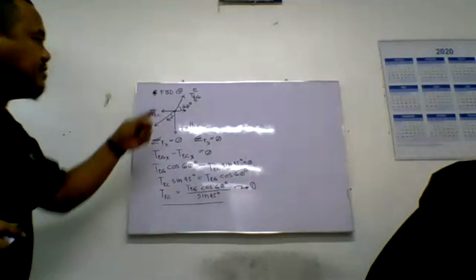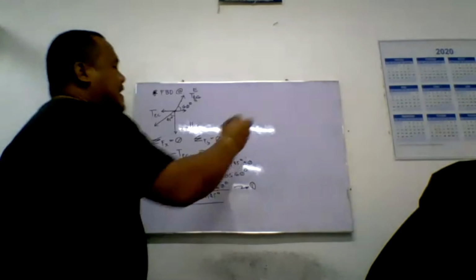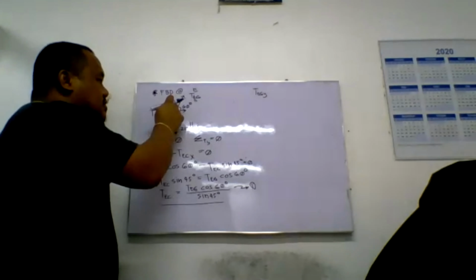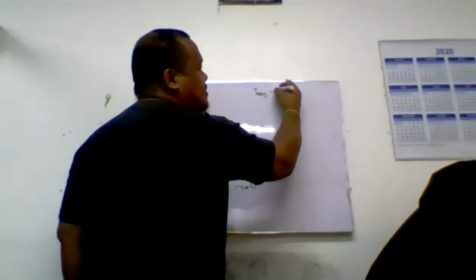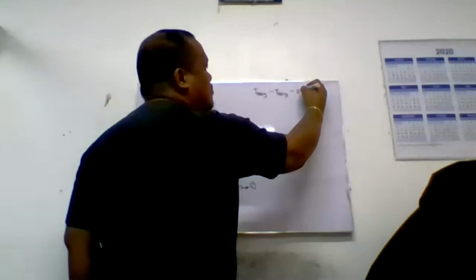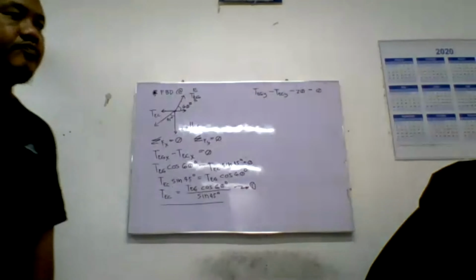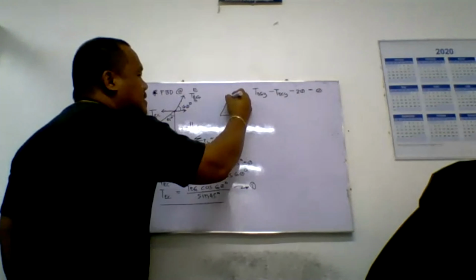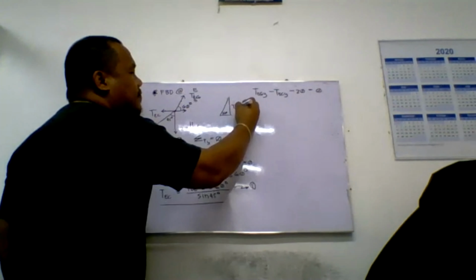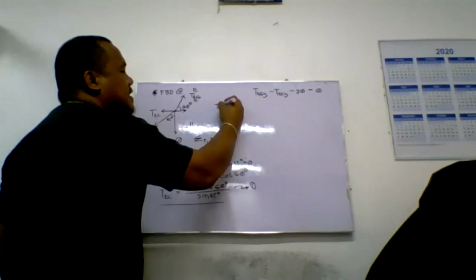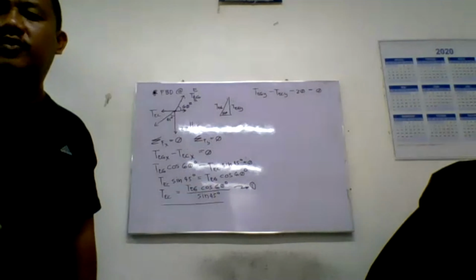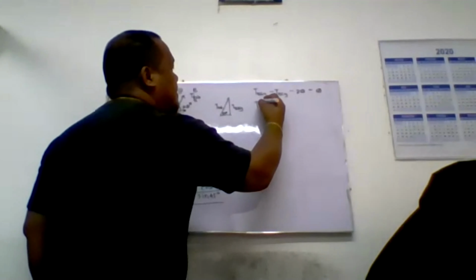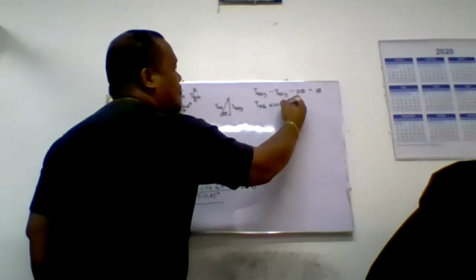Summation of forces in y. Looking upward, we have T_EG y; downward, T_EC y and 20 pounds. So T_EG y minus T_EC y minus 20 is equal to 0. T_EG y is opposite the 60 degree angle, so we use sine: T_EG sine of 60 degrees.